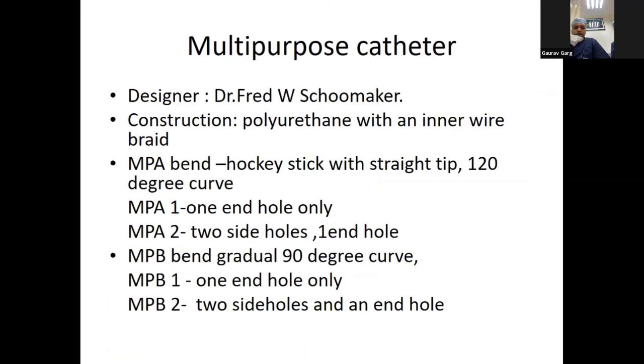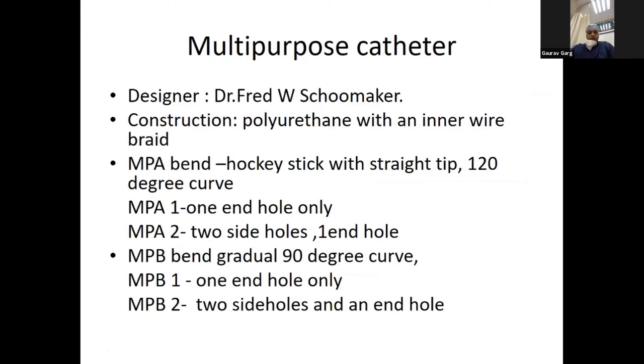A little bit about catheters which are very commonly used in our pediatric cath lab. Different catheters are made with different curves and they are destined to be used in different anatomy. But I will say the type of catheter used should be the operator's choice.